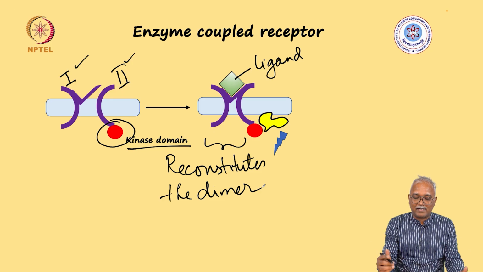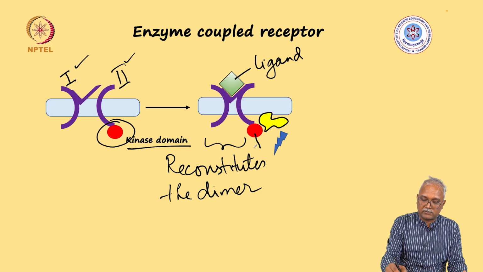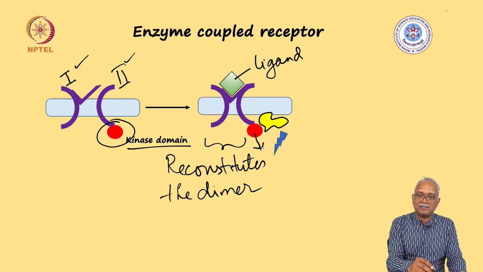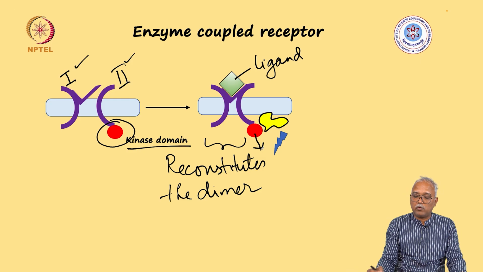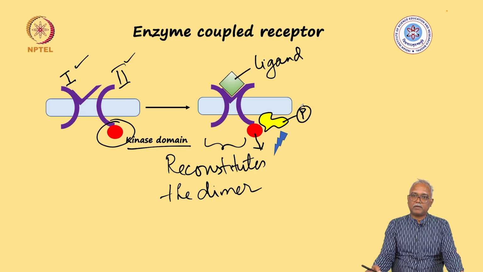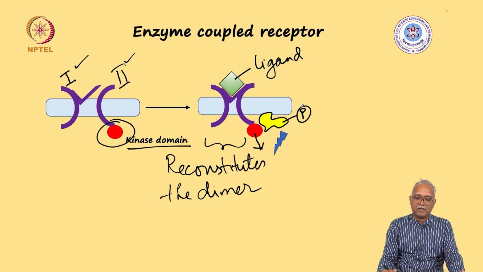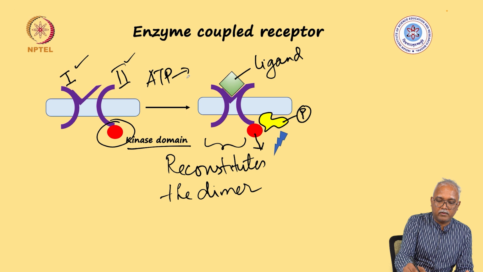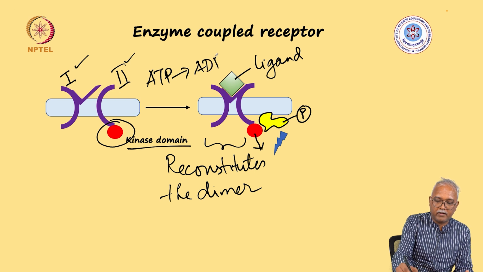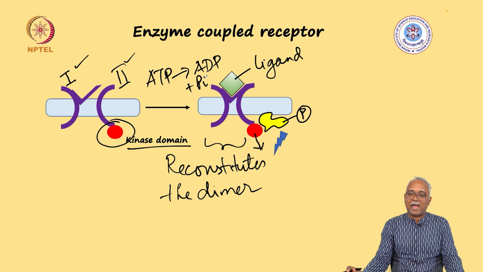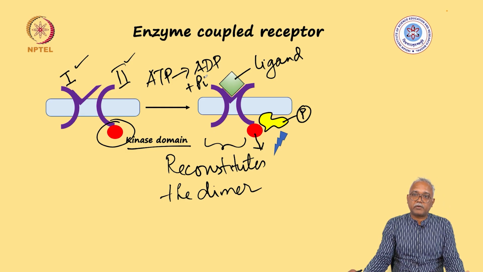So this activated receptor, which has this enzyme domain over there, I told you that this is a kinase domain. What it will do, it will phosphorylate the target. It will attach the phosphate group. I told you that ATP will be broken down into ADP and the phosphate will be added there. So this phosphate, when added, makes the molecule either active or inactive.